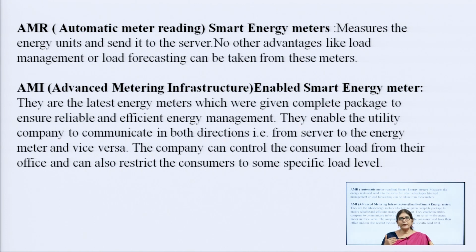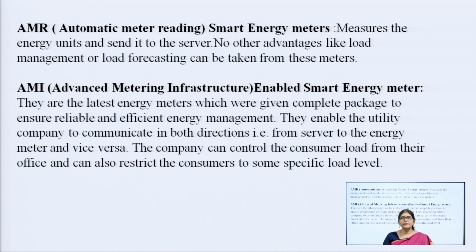The second is the advanced metering infrastructure enabled smart energy meter. They are frequently used meters and they have a complete package for ensuring reliable and efficient energy management, and they enable the utility company to communicate in both directions, from the server to the energy meter and vice versa.